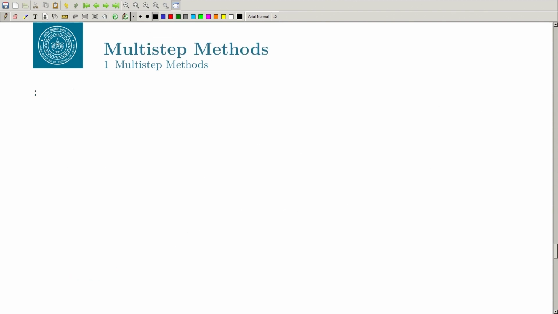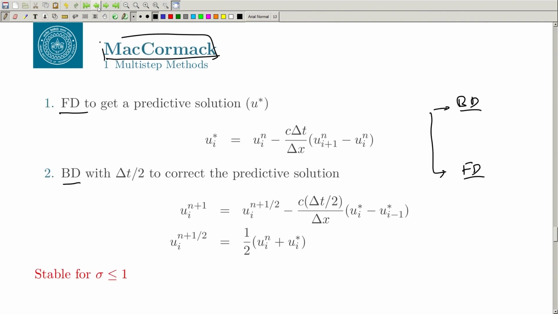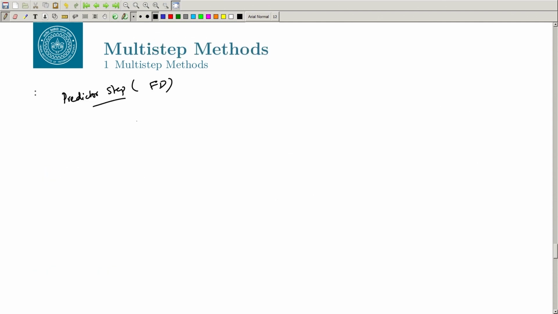So, we have the predictor step, which is basically the forward differencing, or you can use the backward differencing. So you get u_i star, where star is nothing but my predictor step.